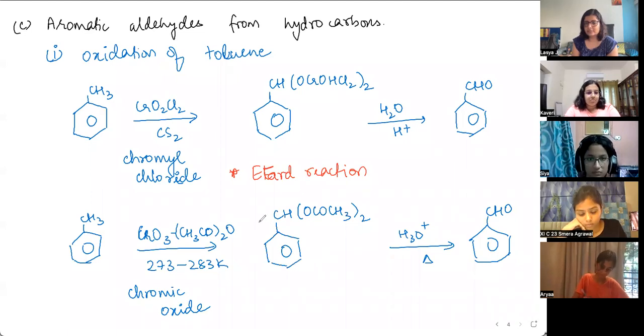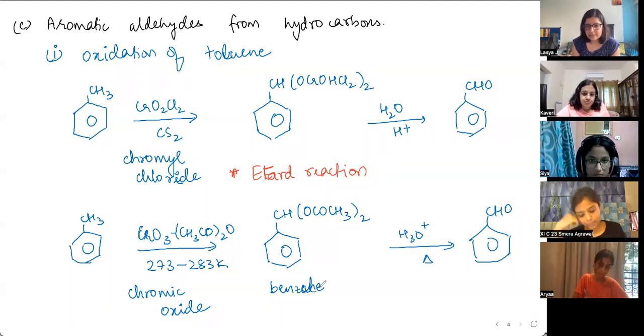This intermediate's name is benzaldehyde diacetate.